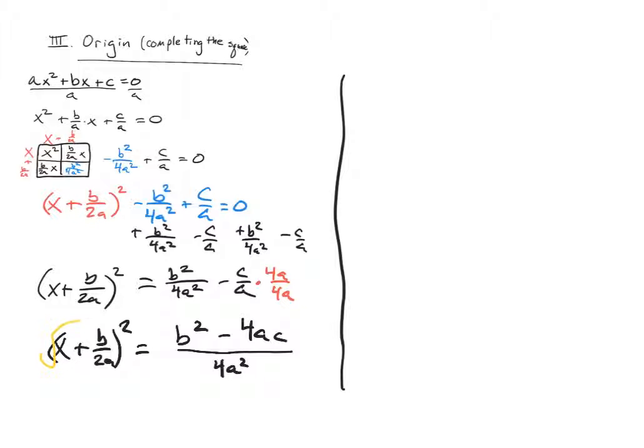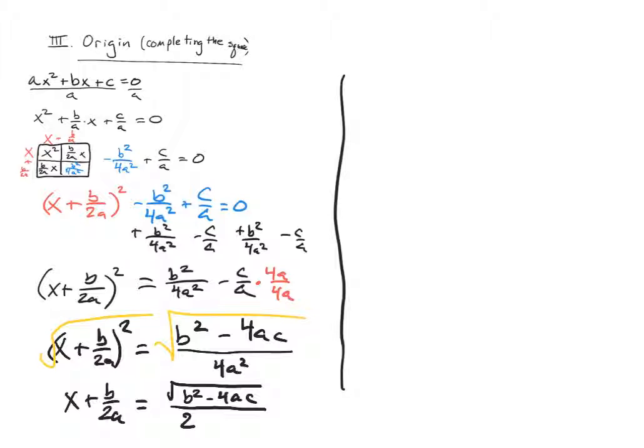Now we're going to take the square root of both sides. When we do that, we get just an x plus b over 2a on the left, and that is equal to square root of b squared minus 4ac. That looks very familiar. Divided by, and then the square root of 4 is 2. And the square root of a squared is a. And we're just going to add in our plus and minus because we took a square root.